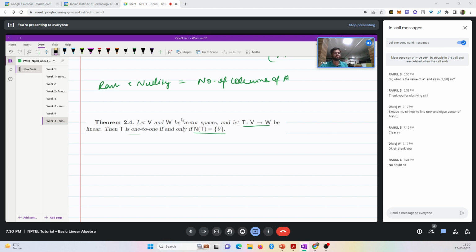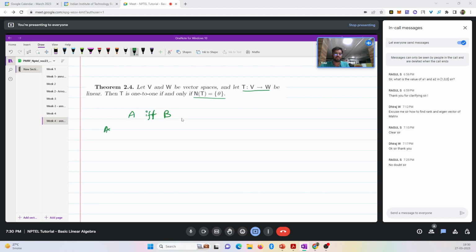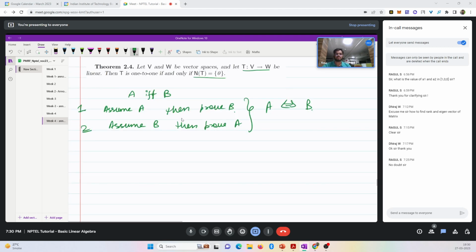This is only for those from a bachelor's background who might not know: to prove A if and only if B, you assume A and then prove B in the first step. In the second step, you assume B and then prove A. Both combined give A if and only if B. So let's try this.